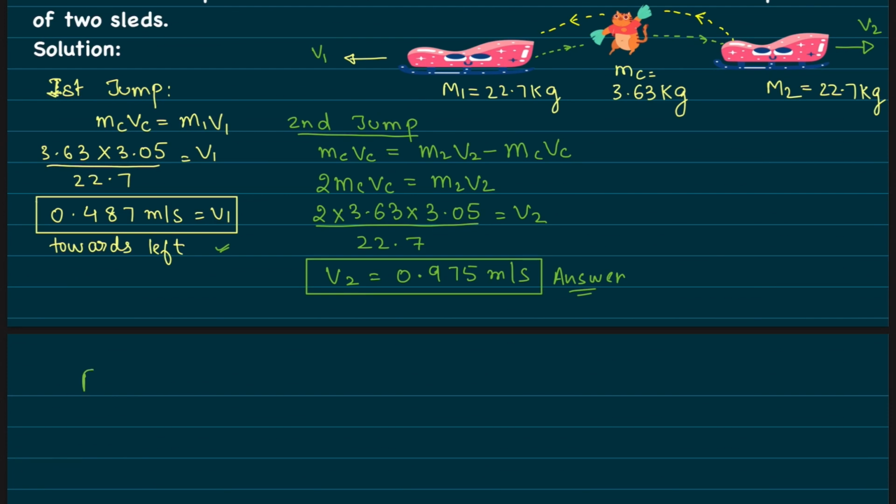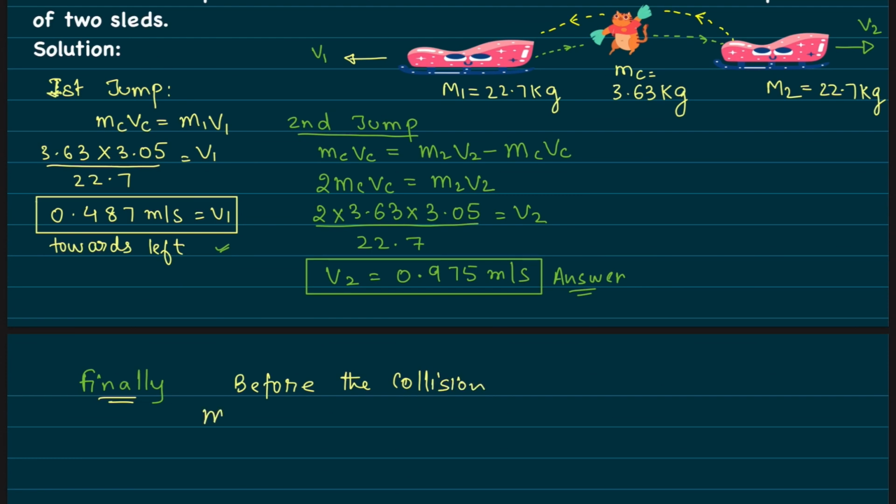So finally, before the collision of the cat with sledge 1, what you can write?